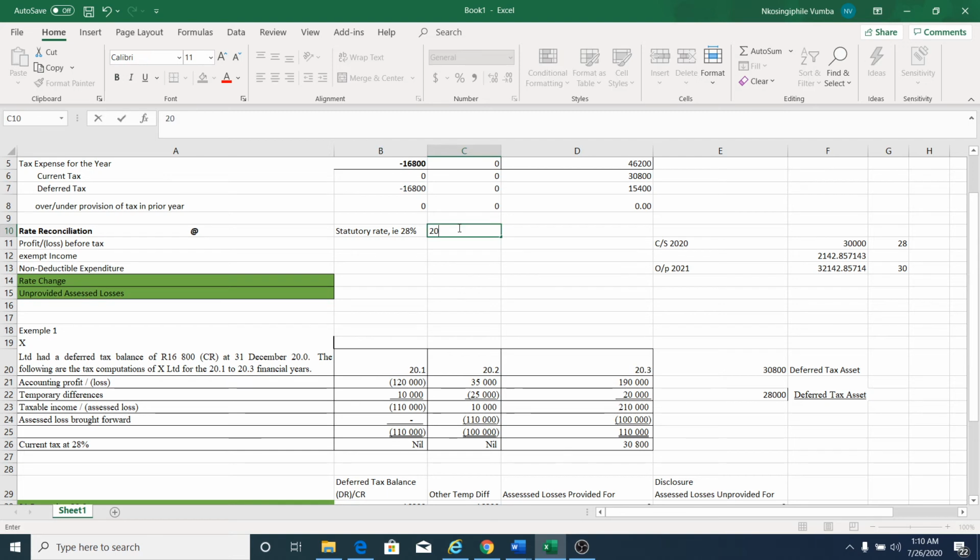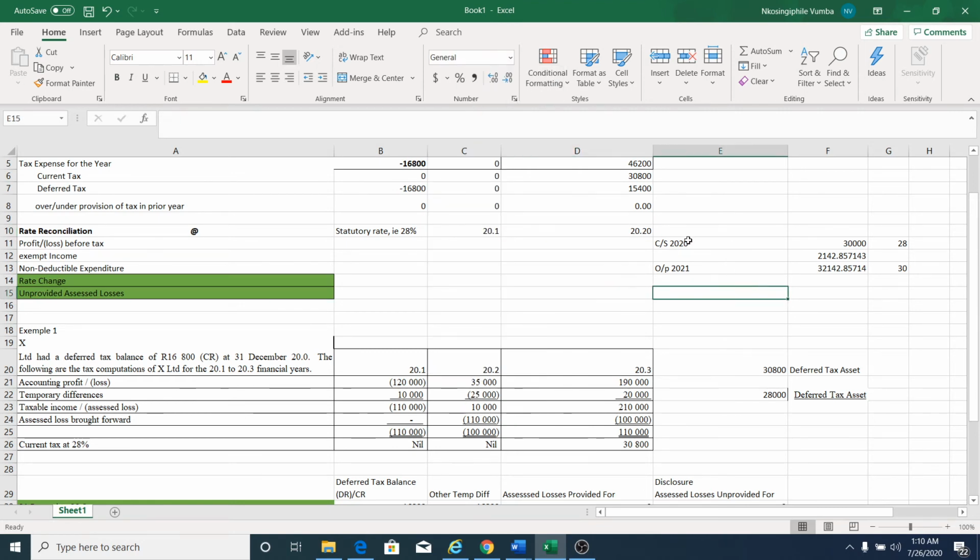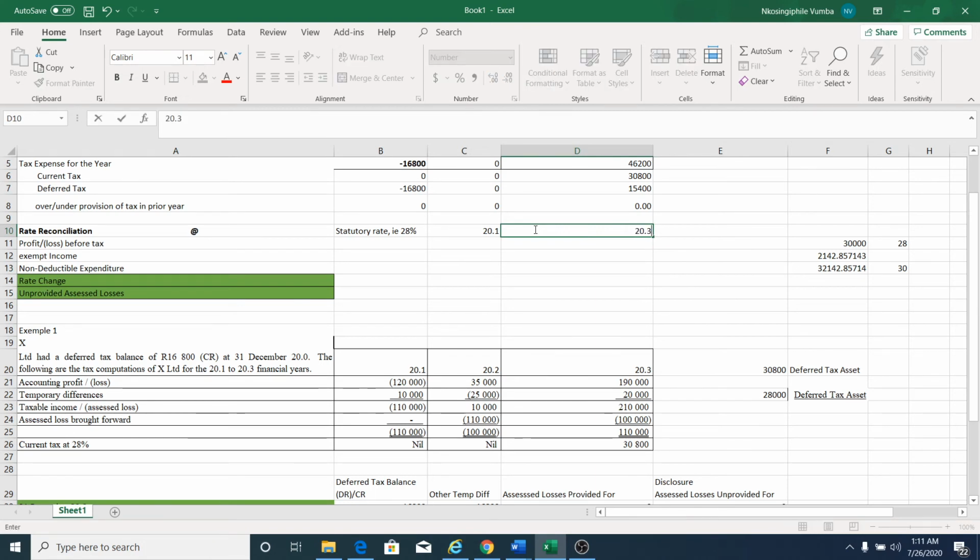We have 20.1, 20.2, and 20.3. Actually, no, this is 20.3.